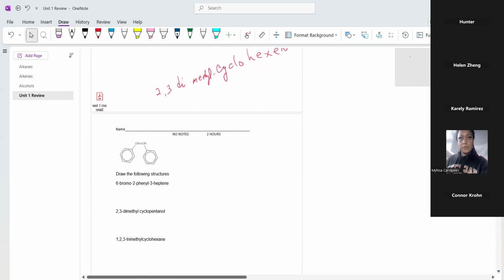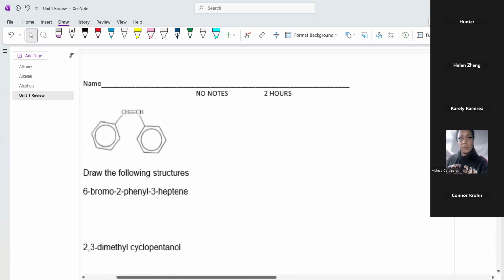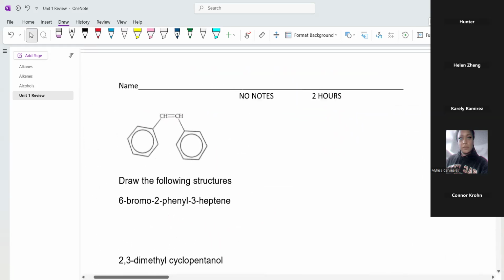Okay. Now we have two phenyl branches on this thing.